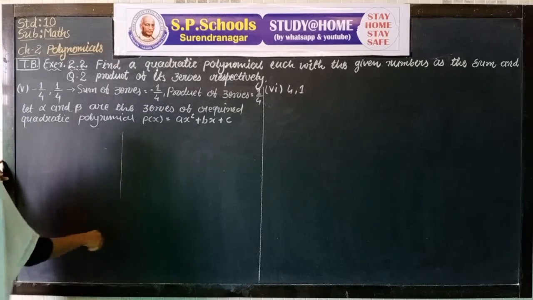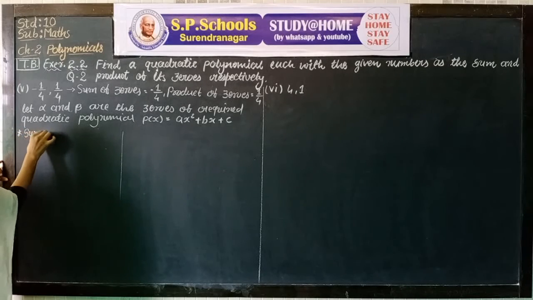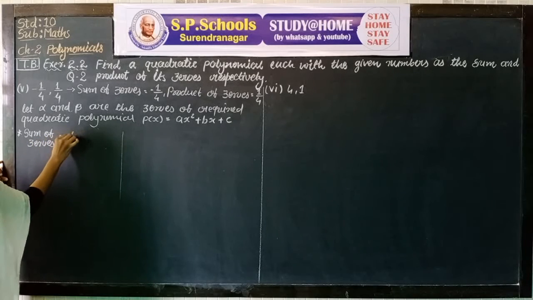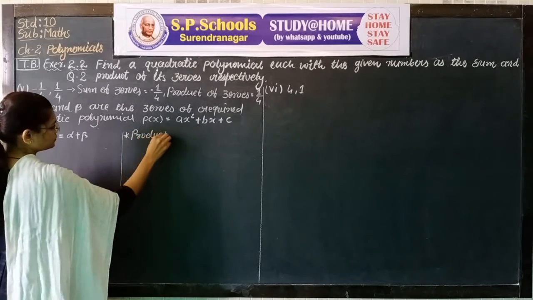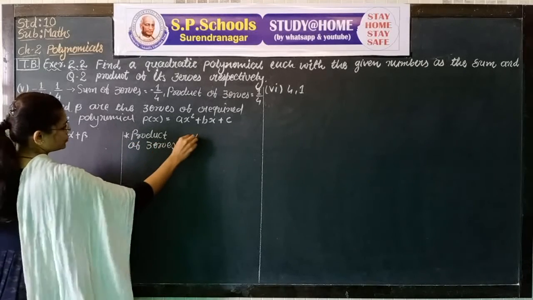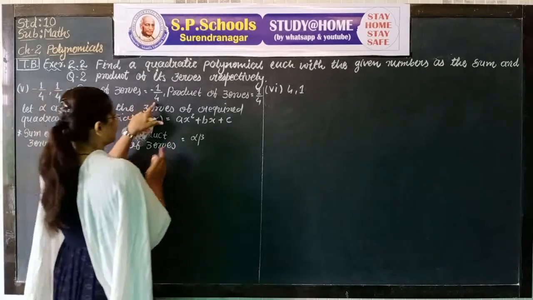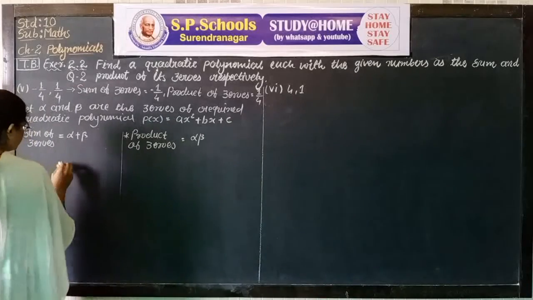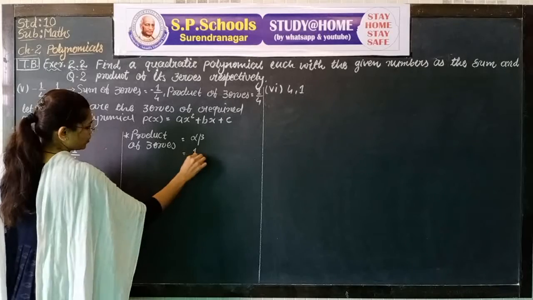Make the 2 parts. On the left hand side take the sum of zeros, which is equal to alpha plus beta. On the right hand side, the product of zeros is equal to alpha into beta. The sum and the product of zeros are given here, minus 1 upon 4 and plus 1 upon 4.